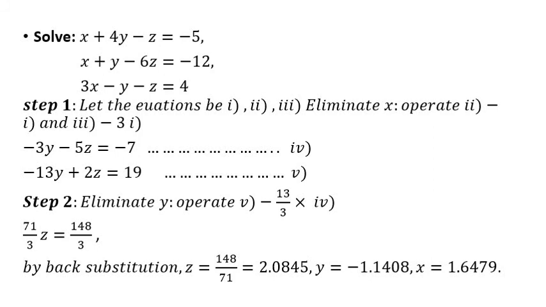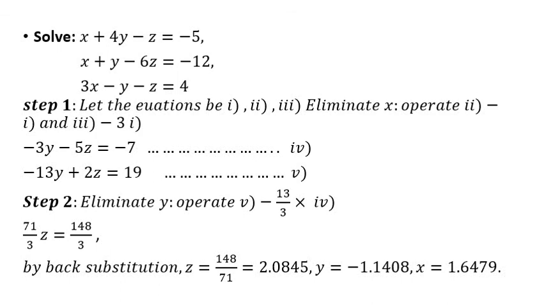Another example: solve the system of equations using the Gauss elimination method. Here the equations are x plus 4y minus z equal to minus 5, x plus y minus 6z equal to minus 12, 3x minus y minus z equal to 4. So step 1 is to consider equations 1, 2 and 3, and eliminate x from the second and third equations.